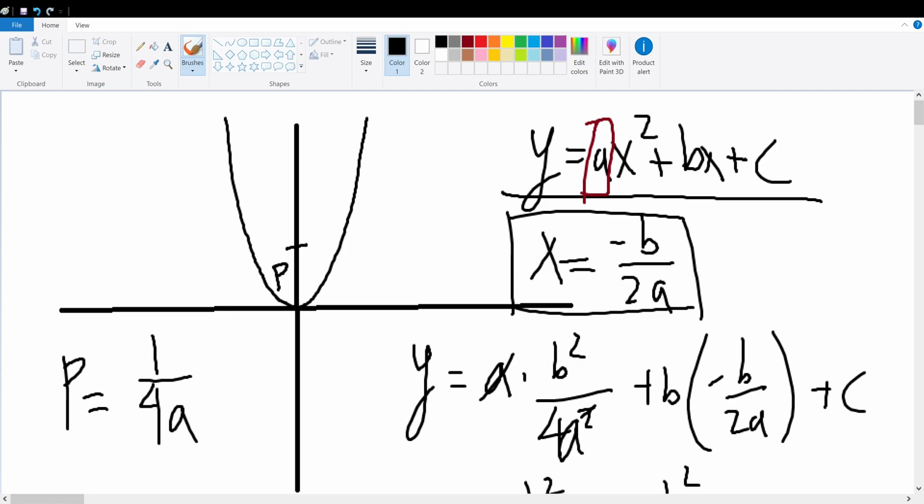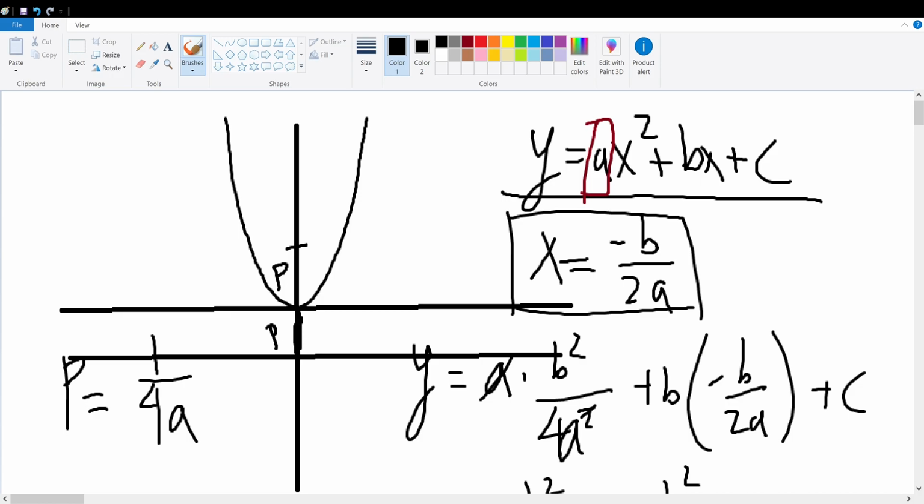Now we know the focal distance is the distance between the vertex of a conic section and one of its focal points or its directrix. The directrix of a parabola will look something like this, at the same distance from the vertex as the focus point. This distance will also be p.